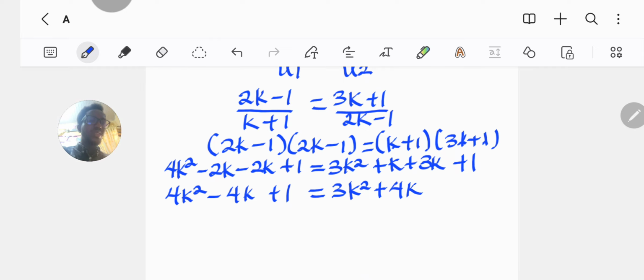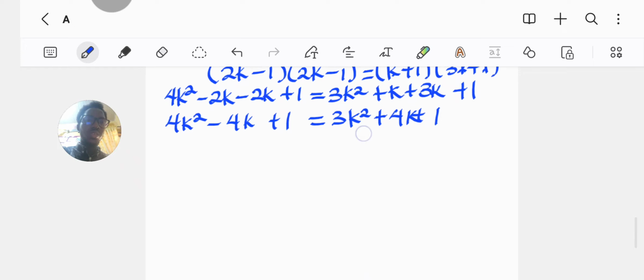So from here now, we can begin to collect like terms. So 3k squared should come to the left hand side, we are going to have 4k squared minus 3k squared.